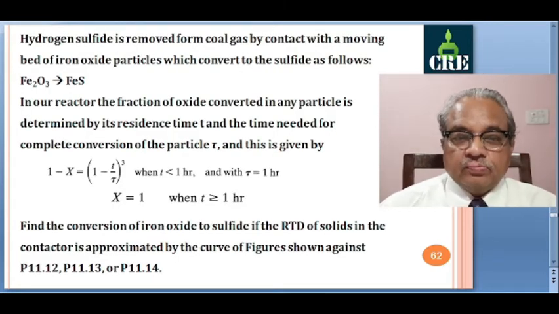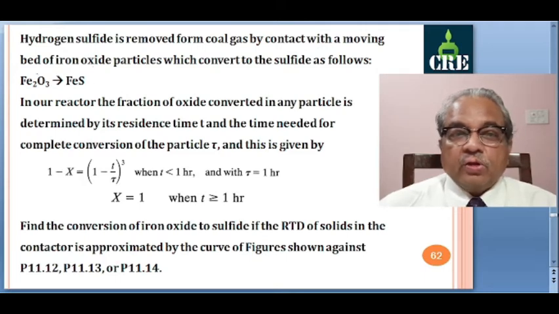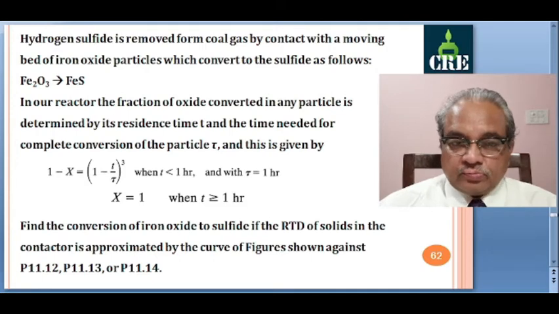Next, now here we have the set of three problems 11.12, 11.13 and 11.14. Hydrogen sulfide is removed from the coal gas by contact with a moving bed of iron oxide particles which convert to sulfide as follows. So this Fe2O3 is converted to FeS.